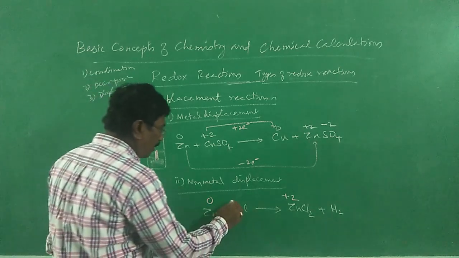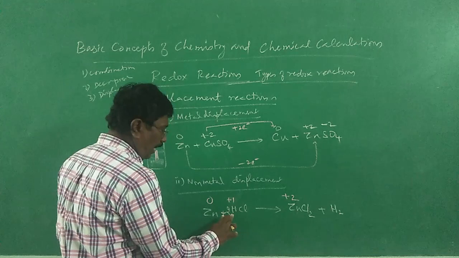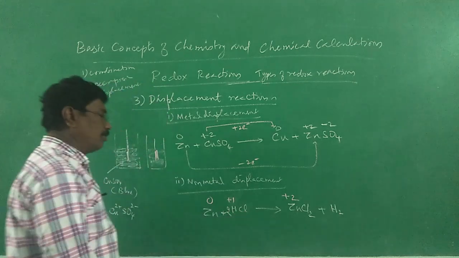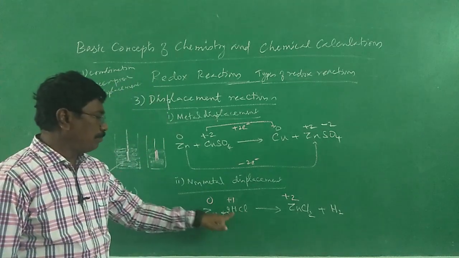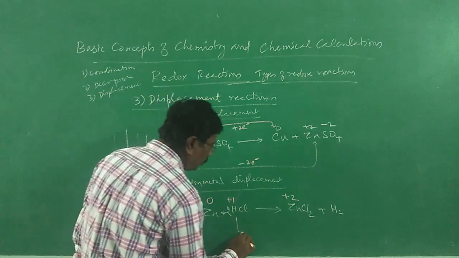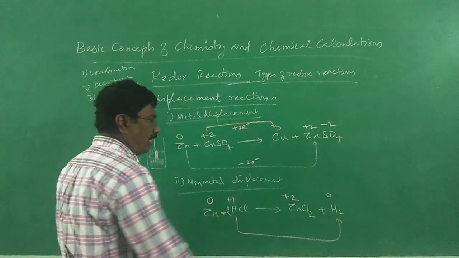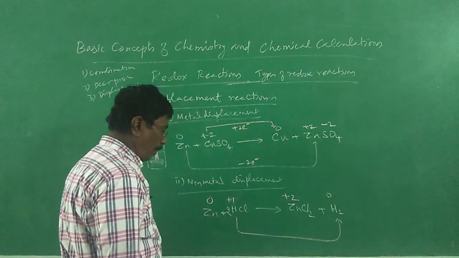Hydrogen from +1 oxidation state. In hydrogen chloride, chlorine is mostly -1. Since chlorine is -1, hydrogen is +1. Hydrogen from +1 oxidation state is converted to 0 oxidation state because in the elemental condition, as long as it is in elemental condition, it is 0.